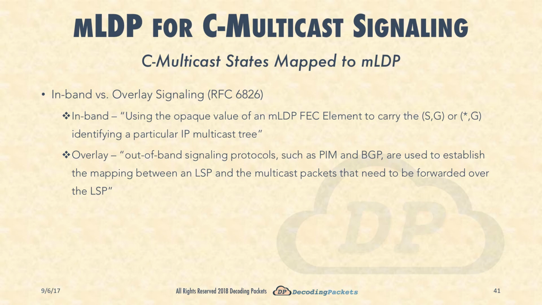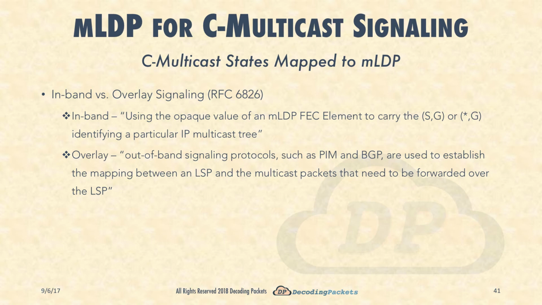So like I promised, back to the crux of this piece. The reason for that long review was to explain in-band versus out-of-band signaling, like I said at the start. And here is the difference. If the opaque value carries the S, G or the star, G information inside it as the FEC, then you're basically using MLDP for signaling the multicast states, i.e. the signaling is in band.